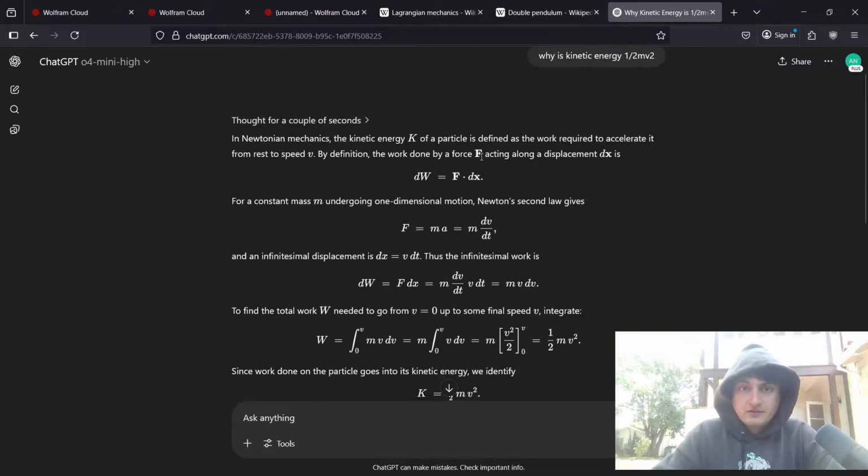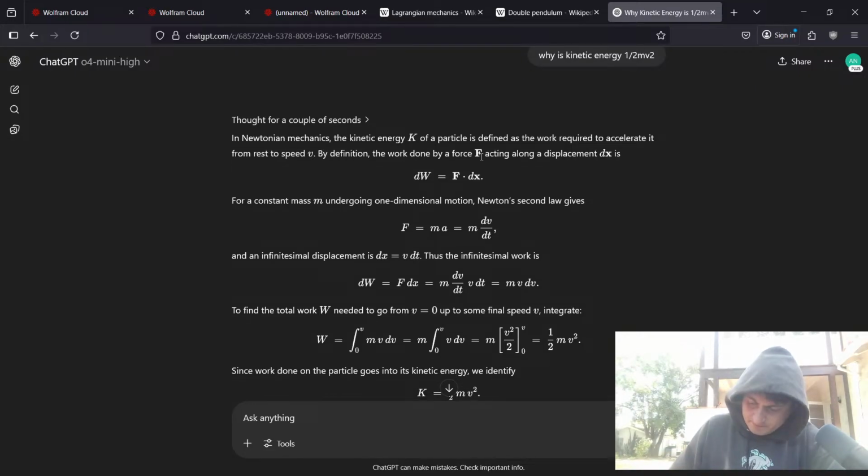Okay, so if m is constant, we get F equals ma.